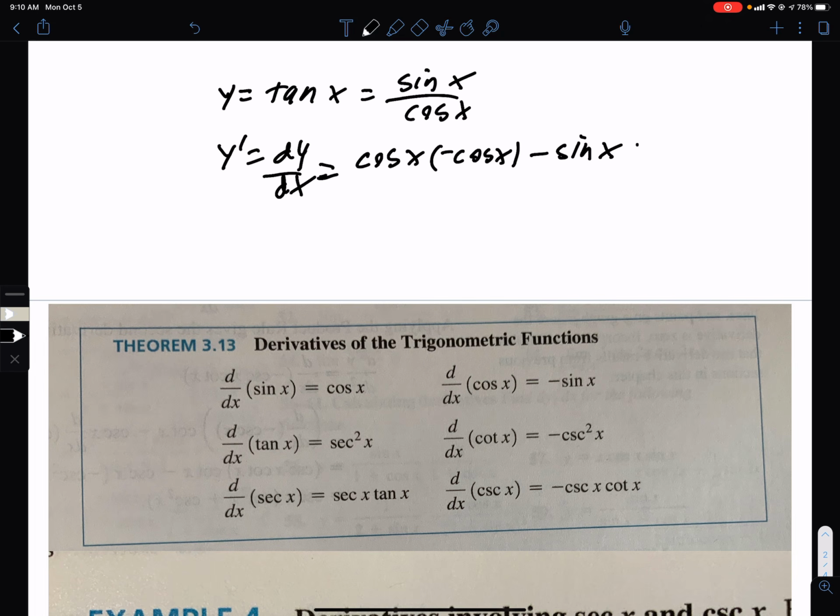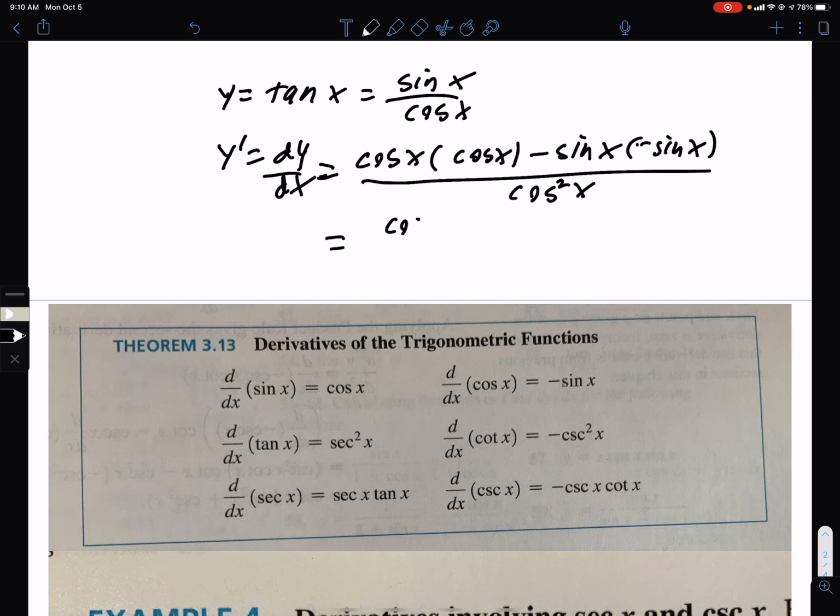Oh, whoa, I just messed up, didn't I? Derivative of sine is cosine. And so low d high minus high d low, derivative of cosine is minus sine. That's embarrassing. Over low squared. So I end up with cosine squared x plus sine squared x, because two negatives, I knew that, over cosine squared x.